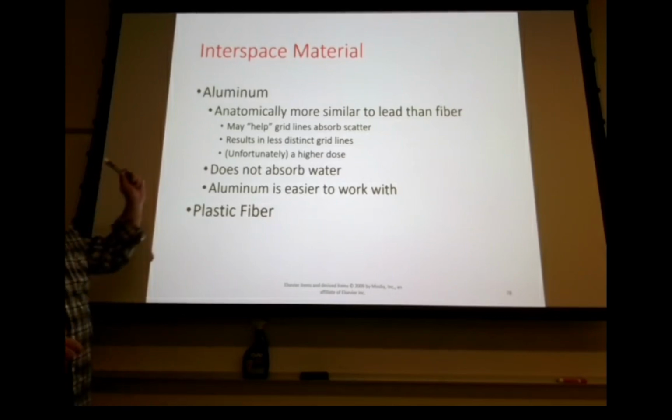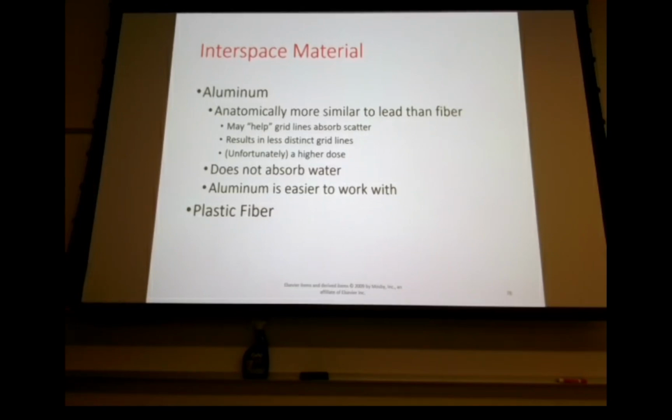All right, so sometimes we'll use aluminum, and the benefit to aluminum is that the atomic number of aluminum and the atomic number of lead, even though quite a bit different, lead being a much higher atomic number, means aluminum is going to absorb more X-rays.